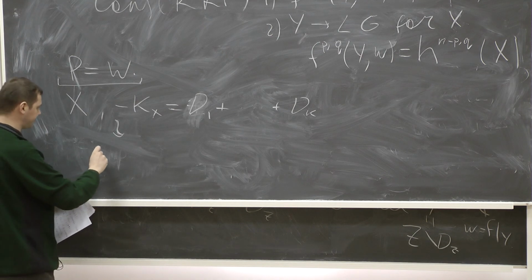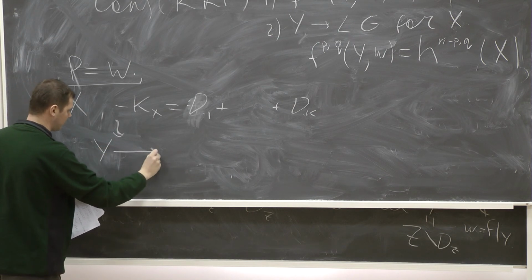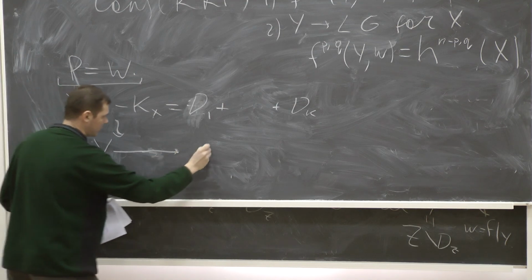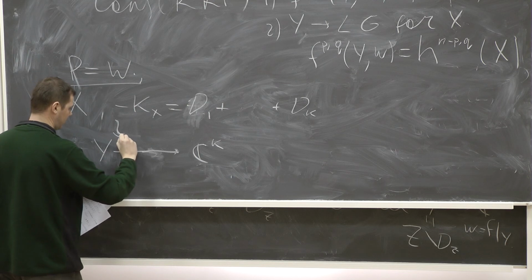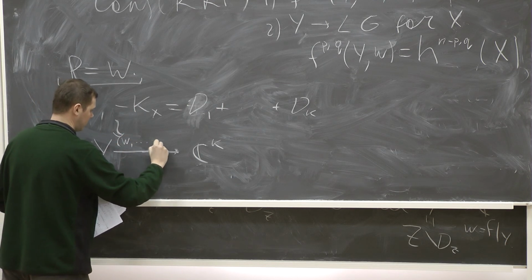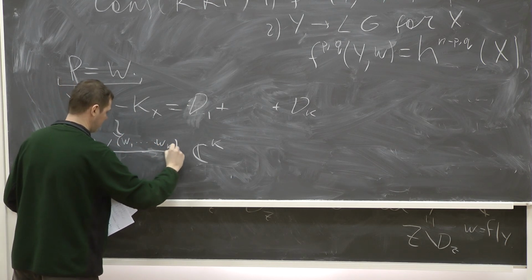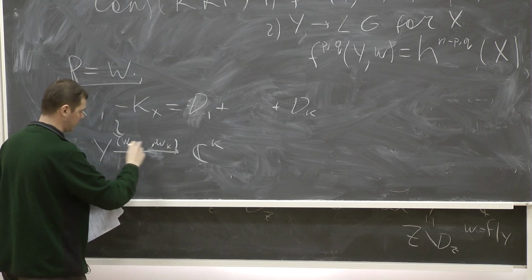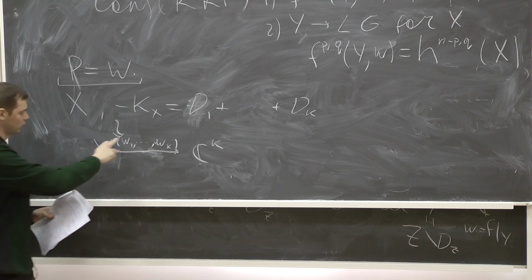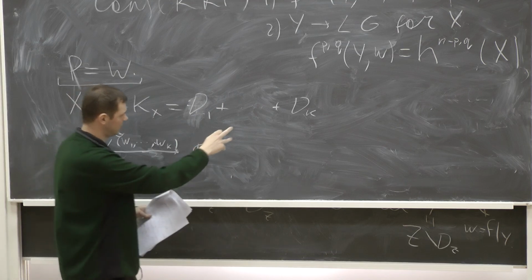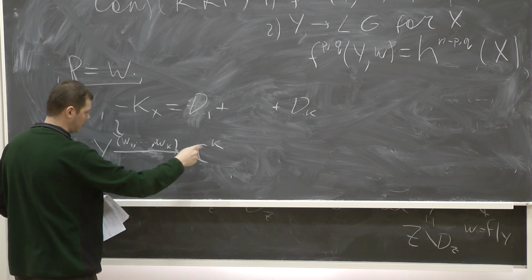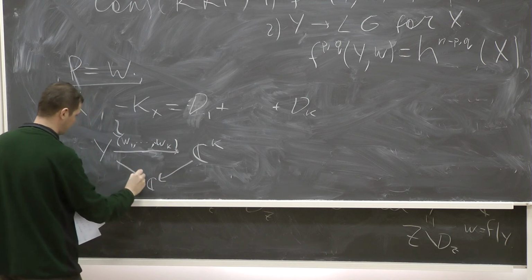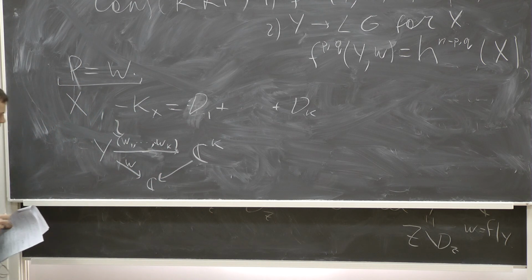So we have Y mapped to C^k, called the multipotential, given by W1, ..., Wk. So k potentials, whose sum is just the usual potential. If we have a diagonal map to C, then we have our usual W here.